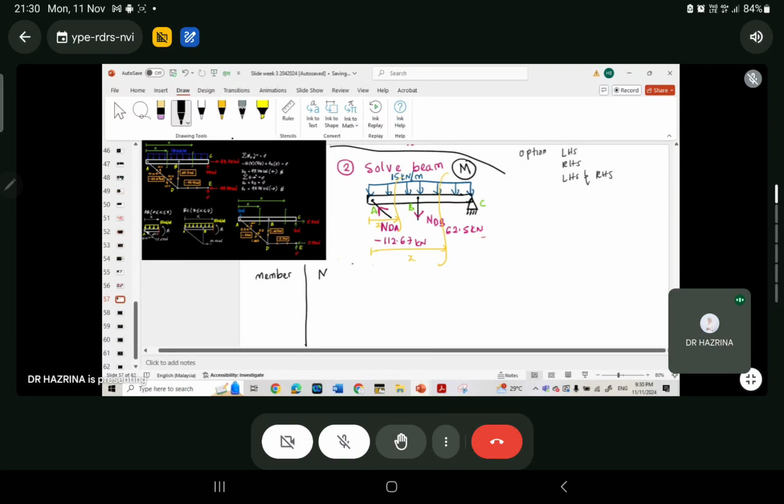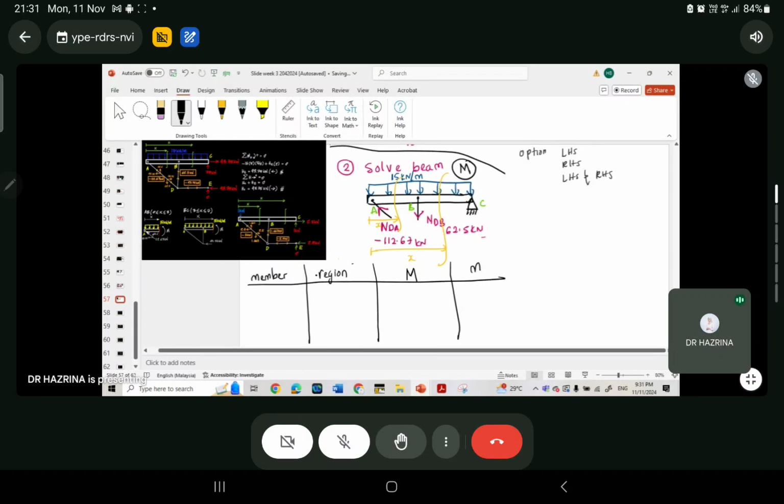You perlukan you punya capital M. And then you perlukan your smaller M. So you have your member. And then you have region. And then you have capital M. And then you have your smaller m.